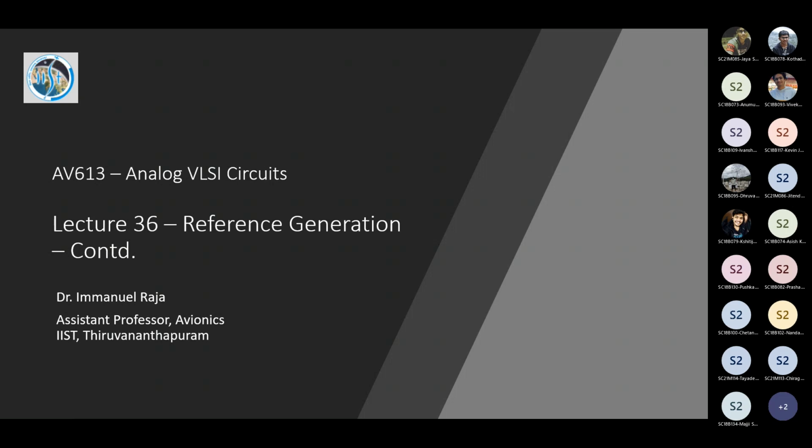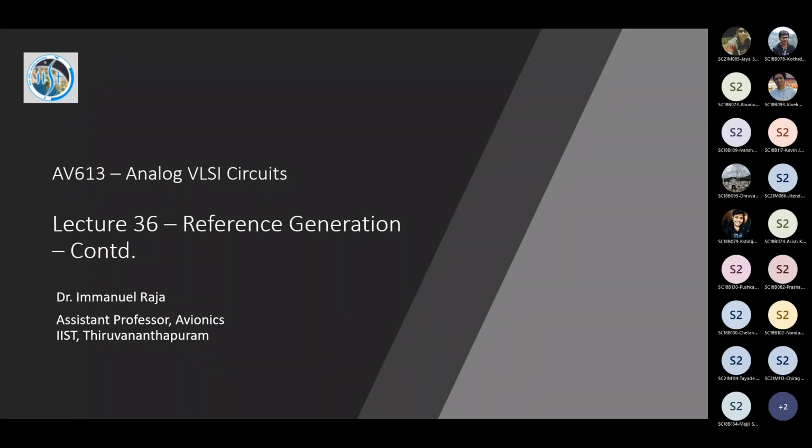Right? Then we also started looking at a zero temperature coefficient reference, and we saw that that is actually a band gap reference voltage. And then we were looking at the process by which we can generate that.